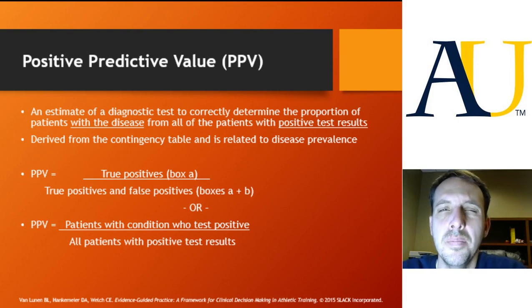pretest probability. But from there, once we have the prevalence established and the sensitivity and specificity, what we're really trying to do now is start to get from this contingency table and understanding the test's ability to classify people to now help us make decisions. And so we're going to look at what we call these predictive values.